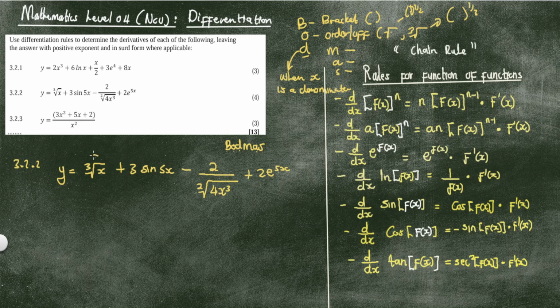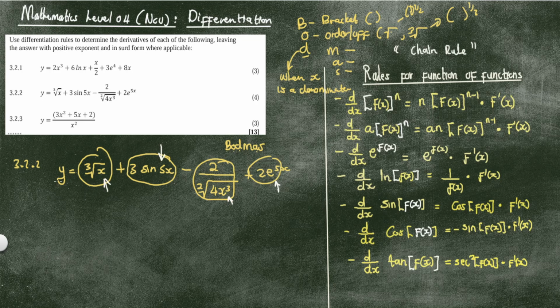How many terms? 1, 2, 3, then 4 terms. Now, do I have function of a function? Yes, there's one, and there are also others. So we have functions within functions.